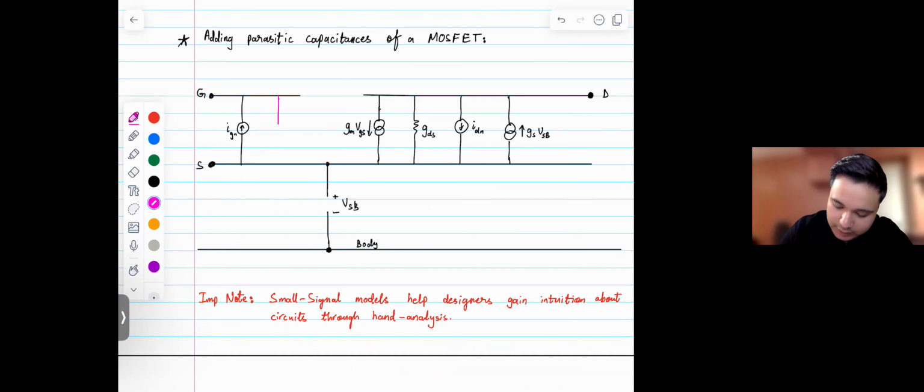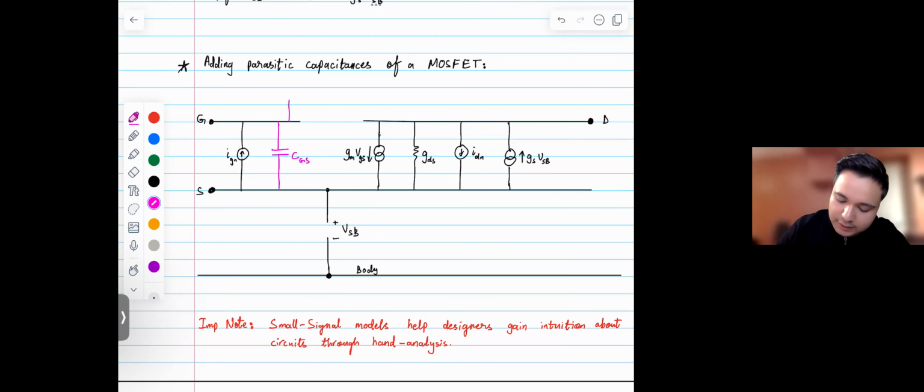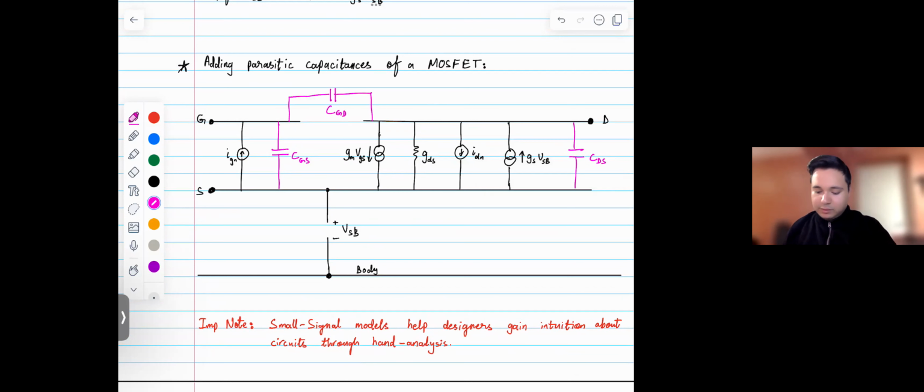So this would be CGS. Usually it's pretty relevant for high frequency designs. So CGS is a big one. CGD is also a big one. And then maybe not as important, there's also CDS. So that's the capacitances within the three terminals.